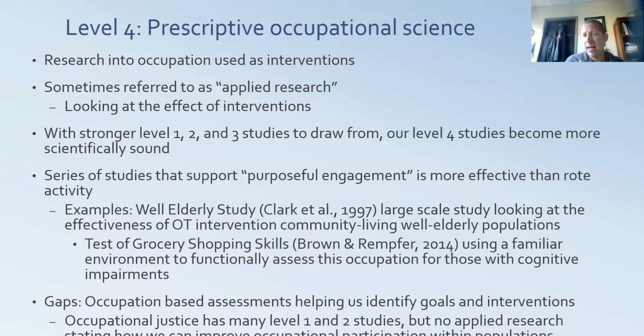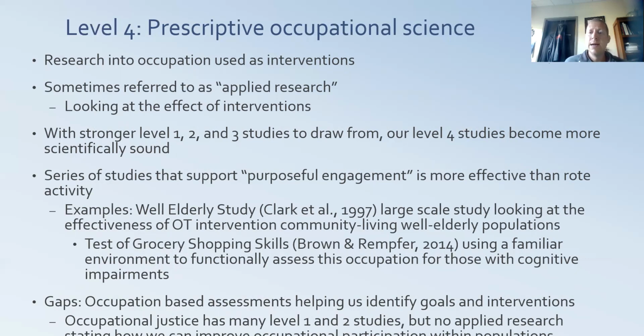Okay, and so we know that after a certain amount of time goes by, the likelihood that that person with a stroke might gain function of their affected arm or extremity. Okay, so we're looking at those level 3 studies. And again, we don't have a lot of those in our profession, but that would be an example: would time be a predictive factor in stroke recovery?